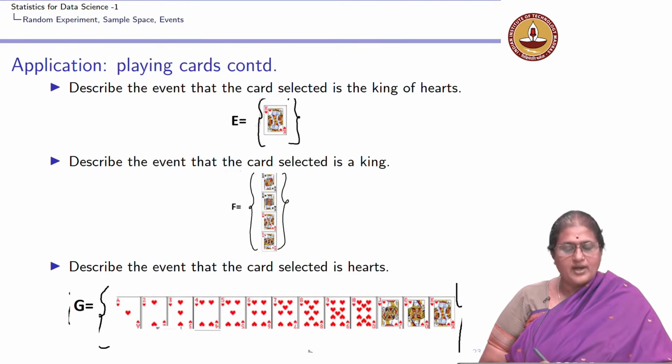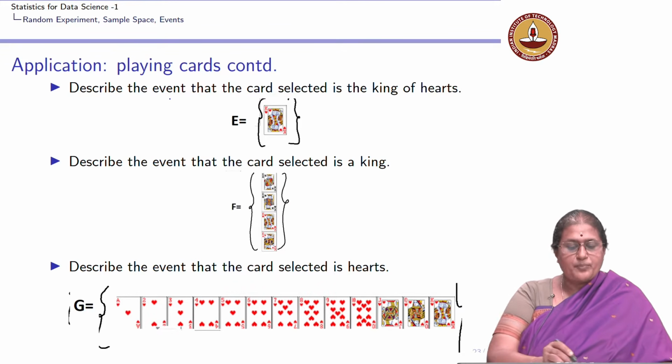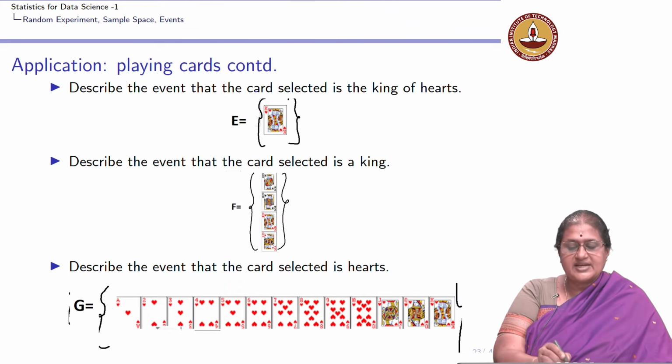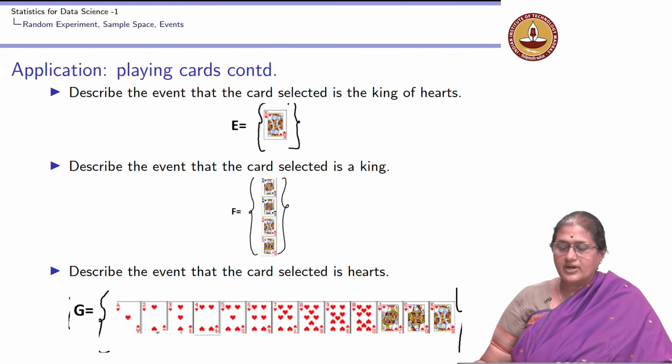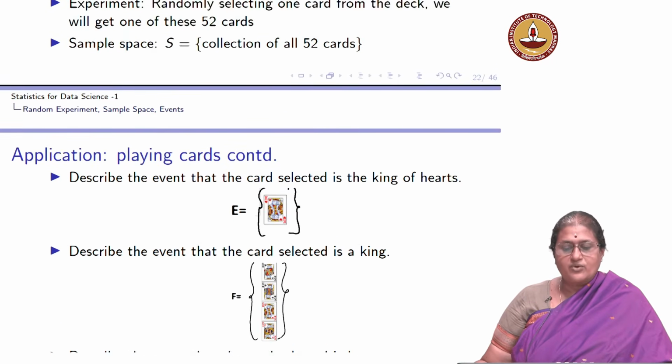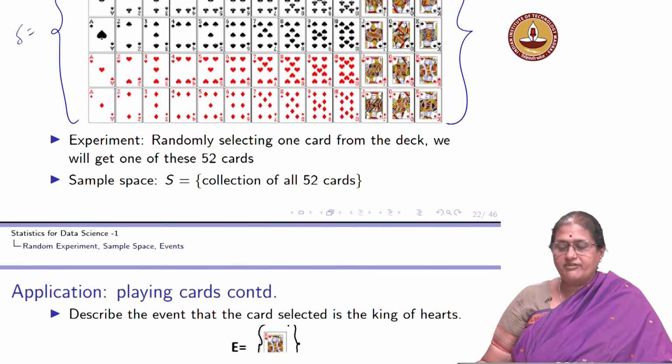Now, let us look at describing different events. Suppose my event is that the card selected is a king of hearts. If that is my event, I can go back and look at what that event is. If I go back here, I have 52 cards.